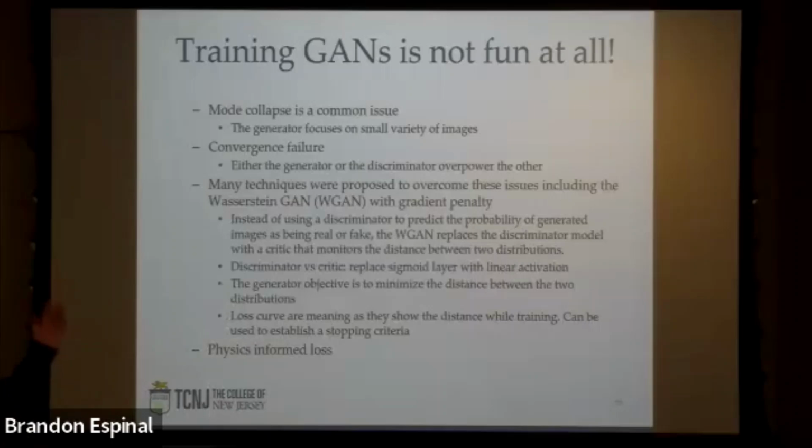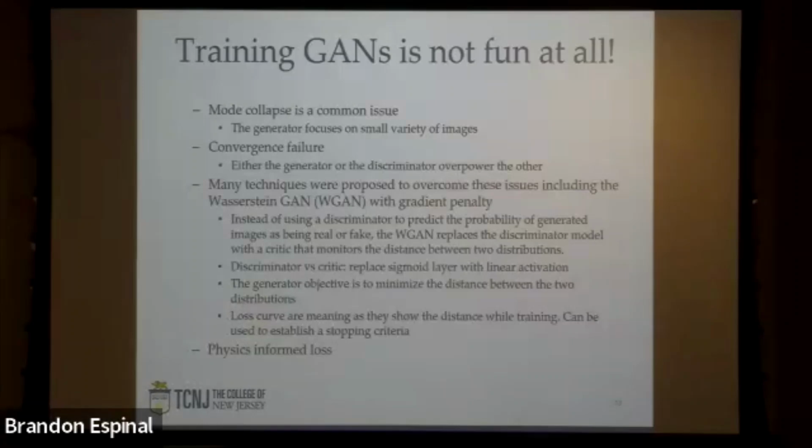Then there's convergence failures, which we struggle with a lot, where one of your generators or discriminators is just a lot better than the other, right? For example, if your discriminator always says, no, your thing's wrong, because it's just good at its job, the generator will never learn anything, right?